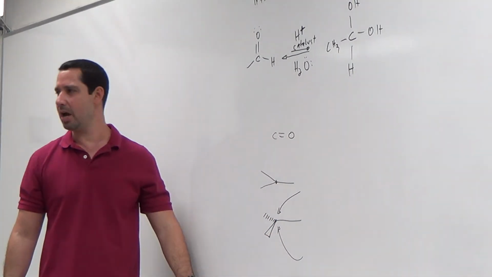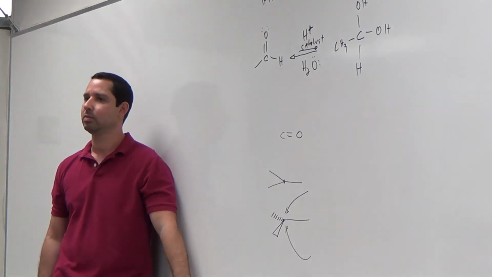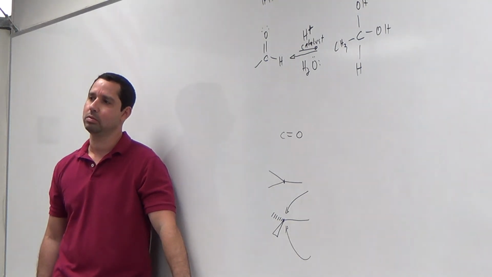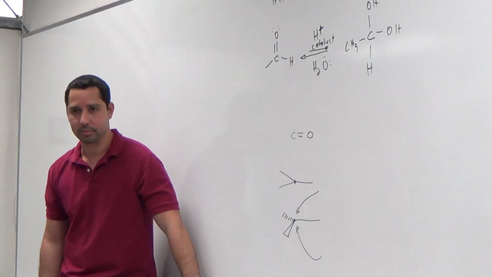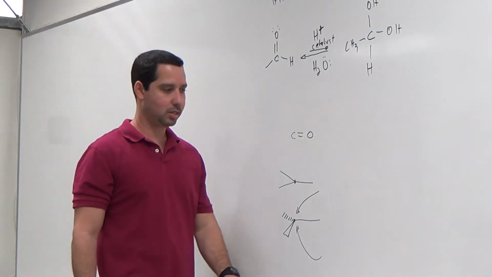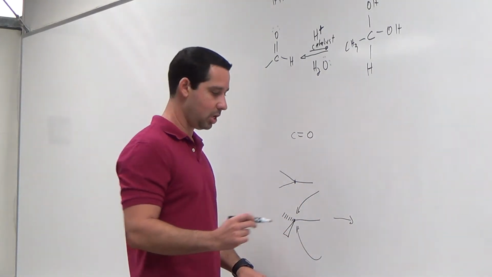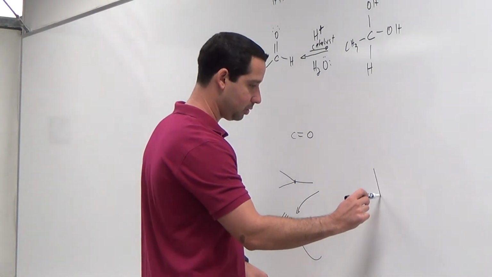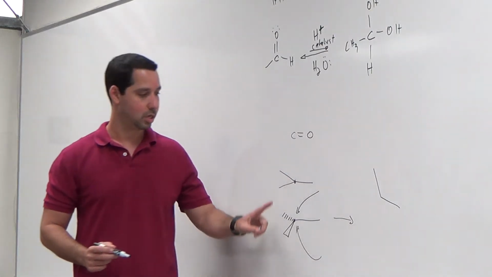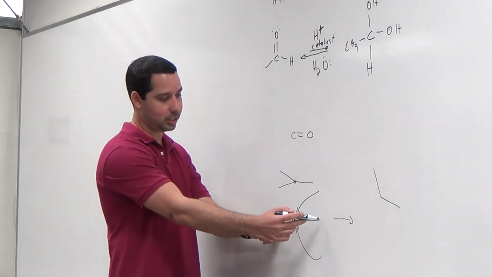Does that look like a carbocation? Yes, it looks like a carbocation. If you took my class, then you know that if it attacks from the top, it would look like this. Attack from the top, that stays the same.